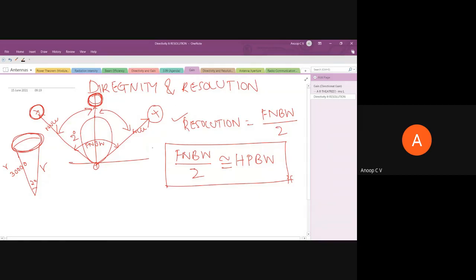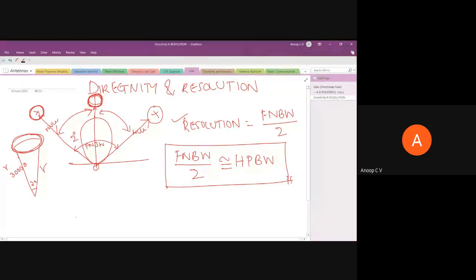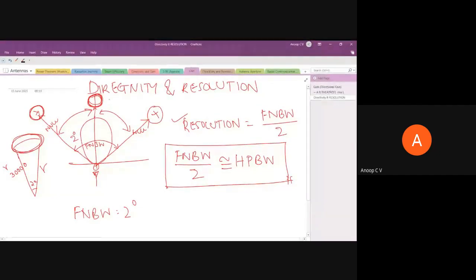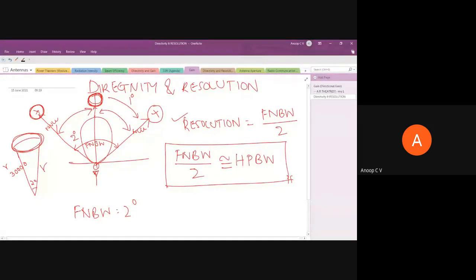So if the first null beam width, FNBW, is equal to 2 degrees, the meaning is this particular antenna can resolve between two satellites which are placed 1 degree apart in a geostationary orbit, right?